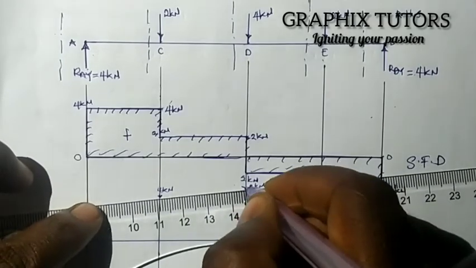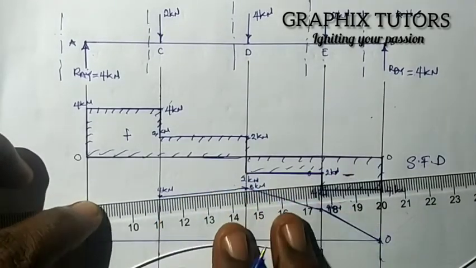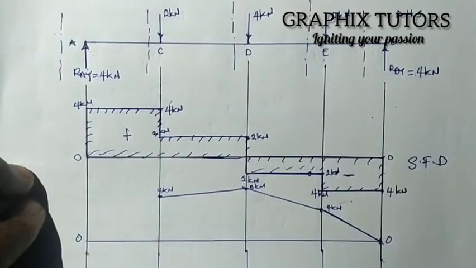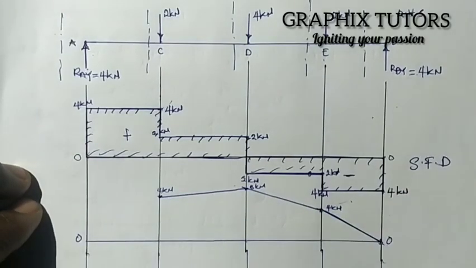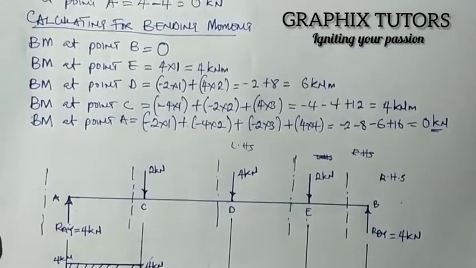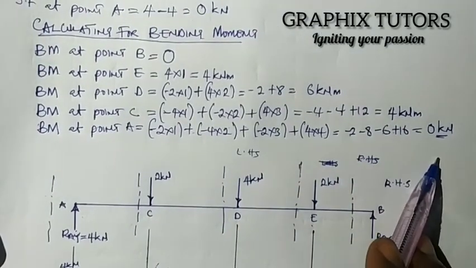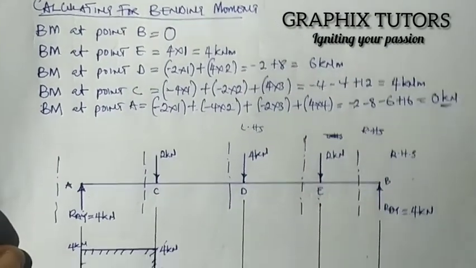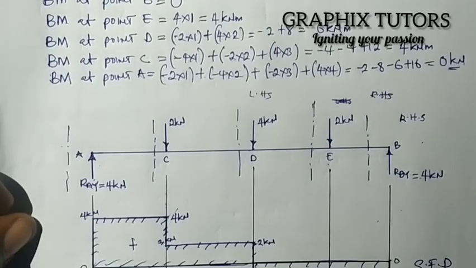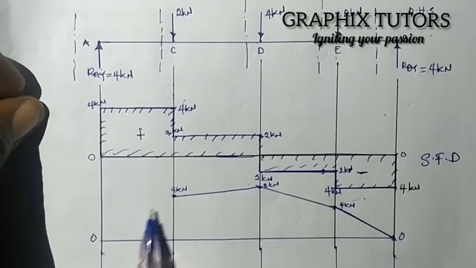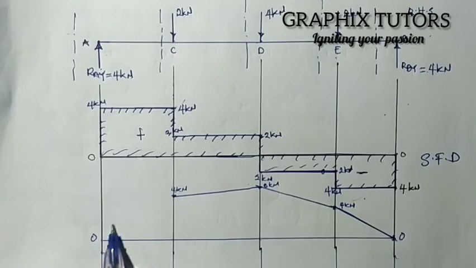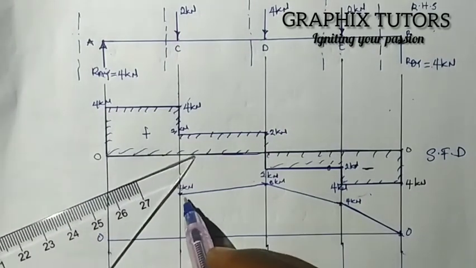So from here to this point, that will be 4 kilonewton. Then the bending moment at A is also what? It's 0. So I'm going to take it back to 0, which is at this point here. So I'll join it together at this point.